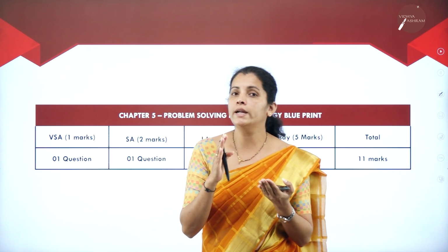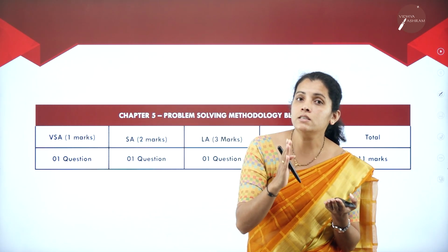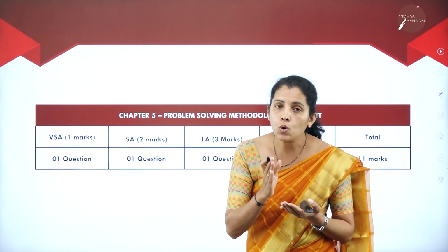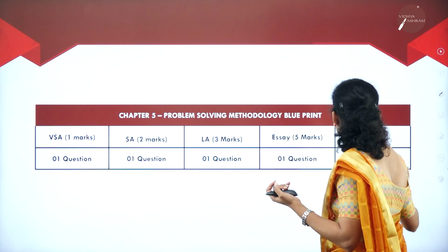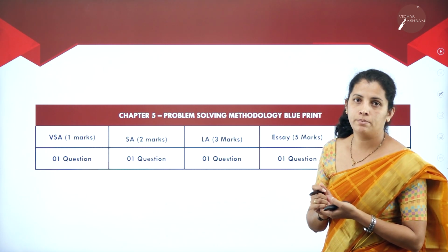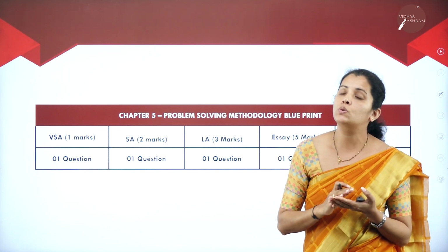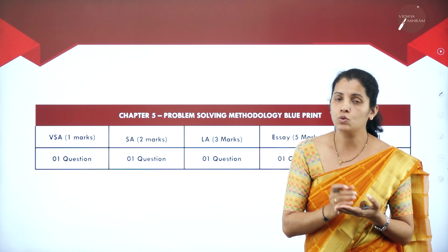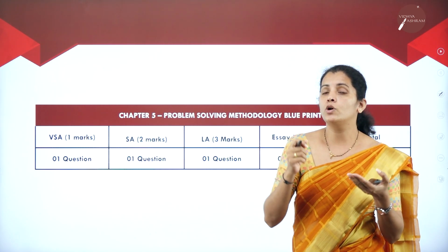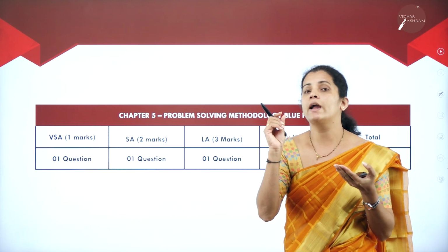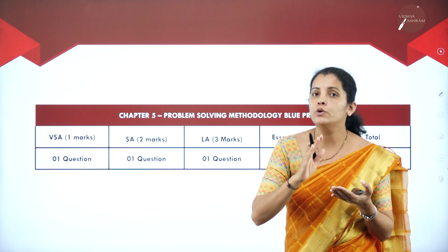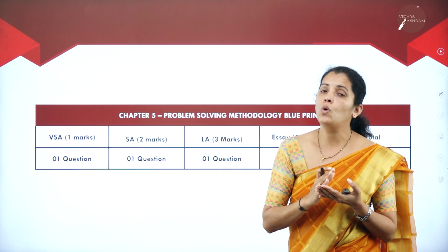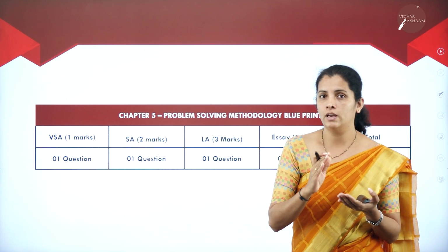So dear student, if you study this chapter thoroughly, then you can answer 11 marks. That means you can very easily score 11 marks. So what do you want to do here? You want to study each and every topic thoroughly. Then only you can score 11 out of 11.